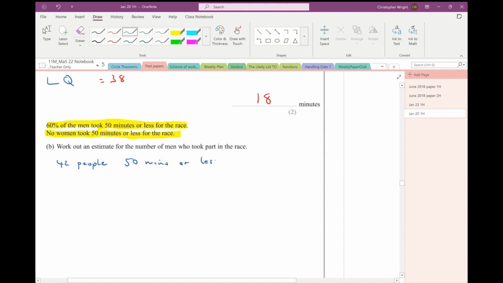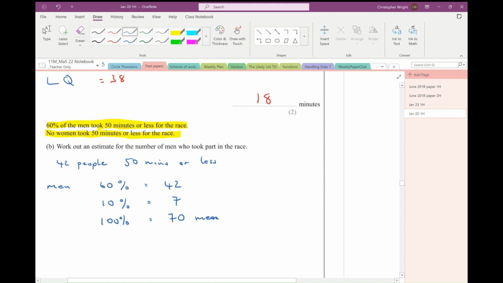Okay, great. And by the way, all those were men. And by the way, that's 60% of the men. So if I just talk about the men for a minute, 60% of the men was 42, which means that 10% must be 42 divided by 6, must be 7 people. So 100% of the men, times that by 10, there must have been 70 men altogether.